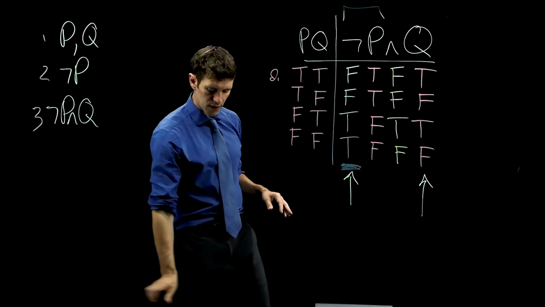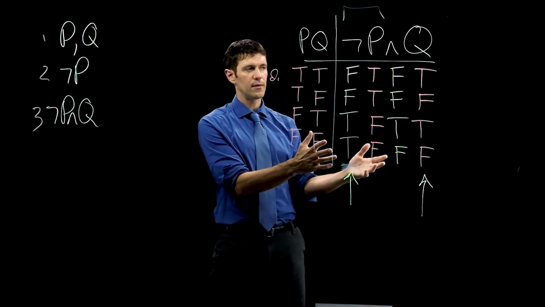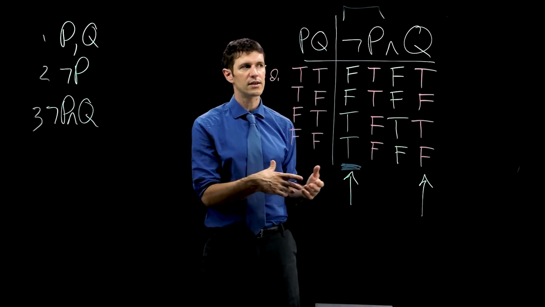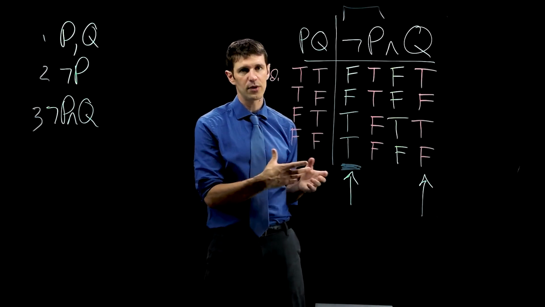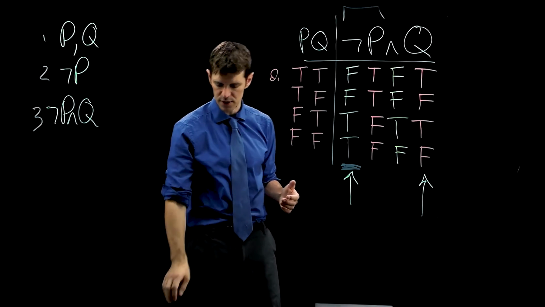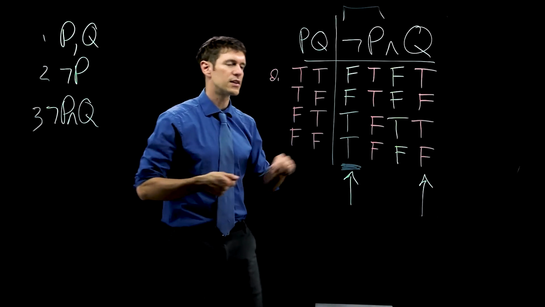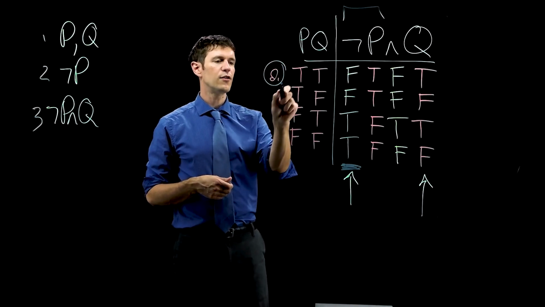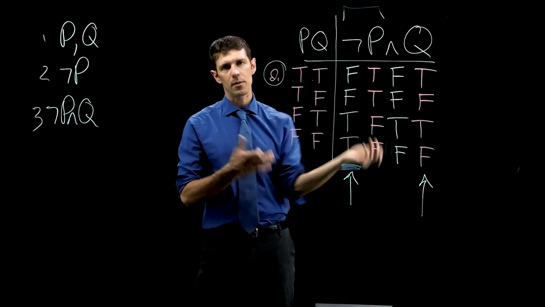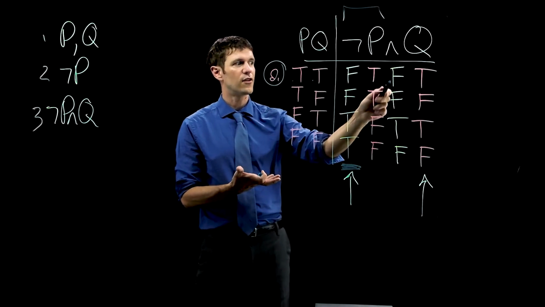So what we have here is a formula, and we have a representation of all the different ways that this formula can be assigned a truth value for each one of these interpretations. So we'd go about reading this and saying something like, well, if we interpreted P and Q as both true, then not P and Q is going to be false here.